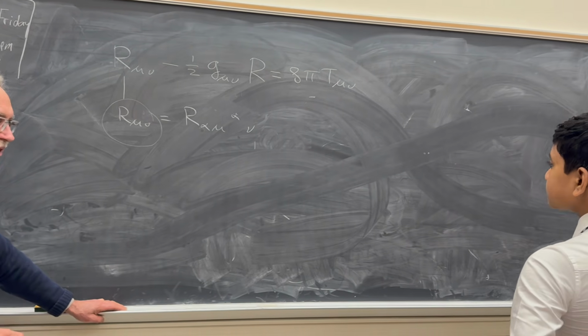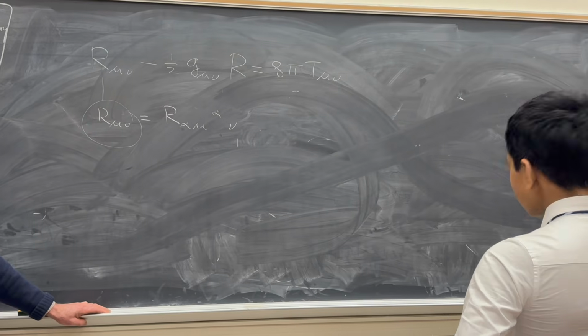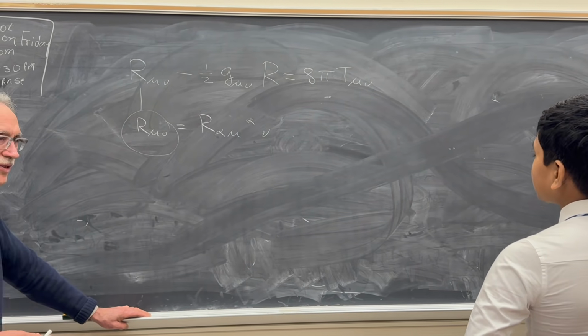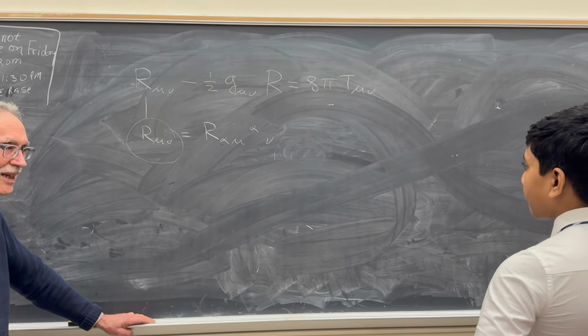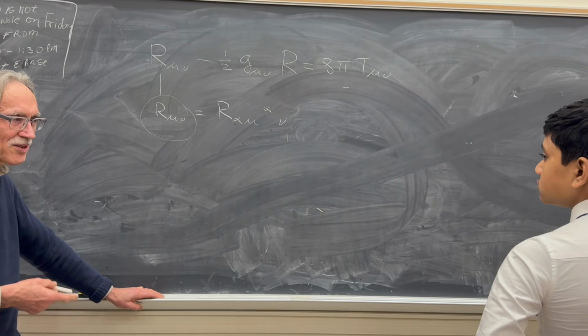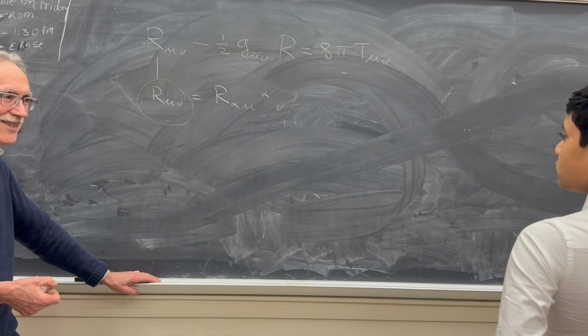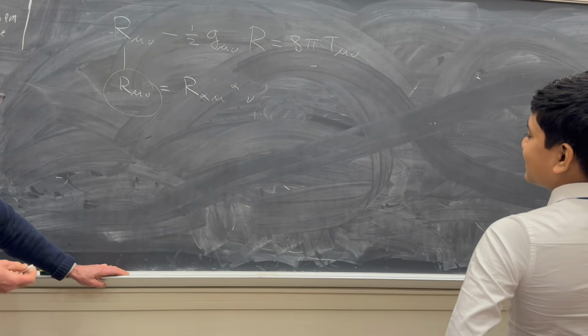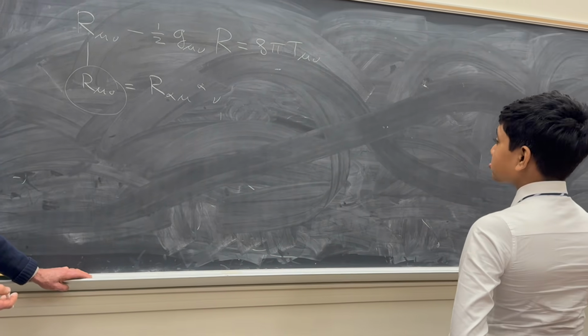It involves derivatives of the metric tensor, and you can express it in terms of the Christoffel symbols. It's not terribly complicated, but it's an expression you forget, which you have to look up every time you use it.